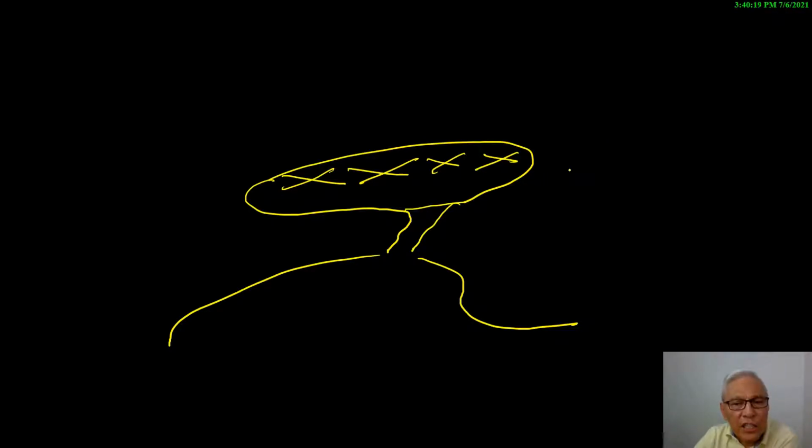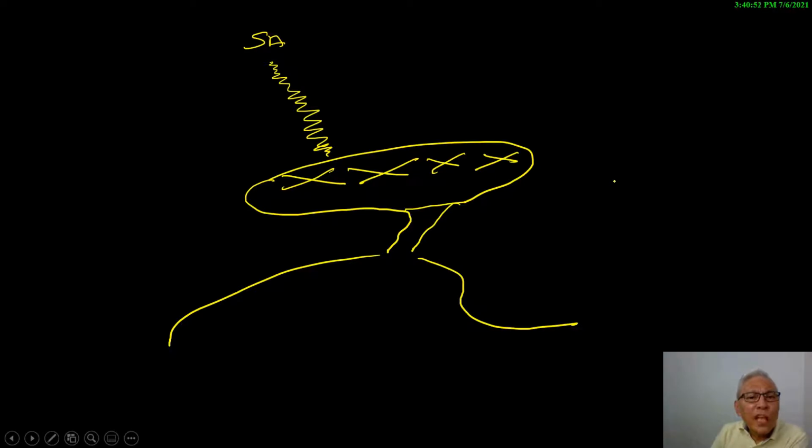This results in a dyssynchrony, or the loss of continuity of an electrical impulse traveling from the sinus node all the way to the ventricles. Let's suppose that the sinus node fires an impulse. The sinus node fires, but the impulse cannot go past the AV node. So what can happen?